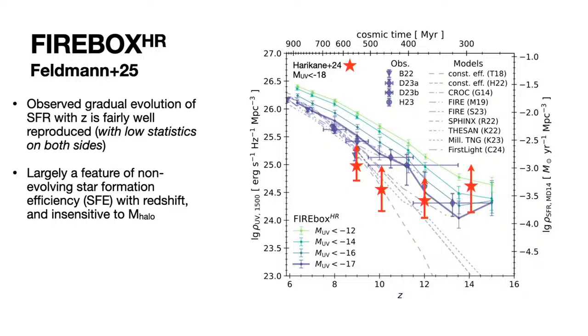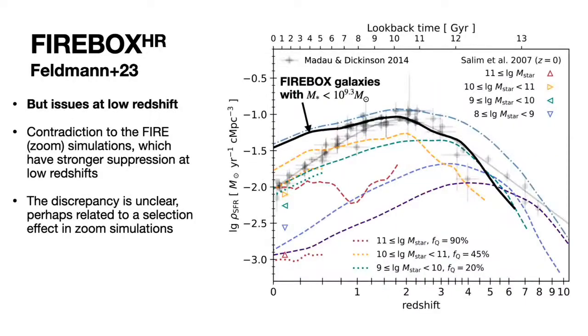But again, they can reproduce also pretty much this star formation rate density as a function of redshift. But again, there is the same problem that here they actually do go to low redshift, and they do find that they actually fail at low redshift. So they do pretty good at the high redshift end, but using that model, it forms too many stars at low redshift compared to observations.